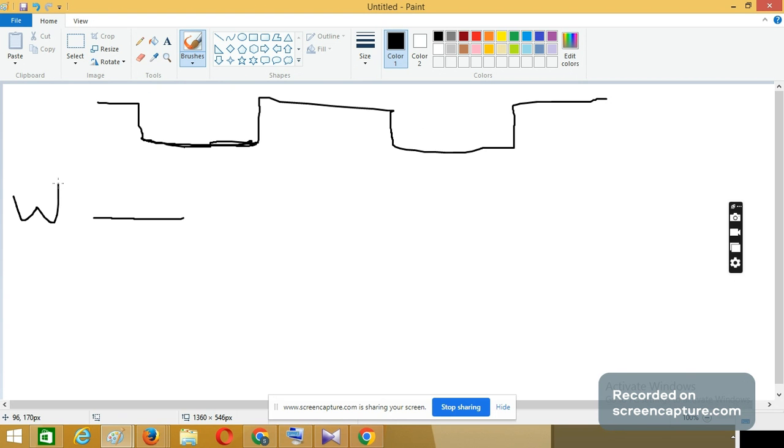So WR bar, when this is 0, till this moment, it is 0, it gives the information to start the conversion. After that, for the next cycle, you have to make it 1.